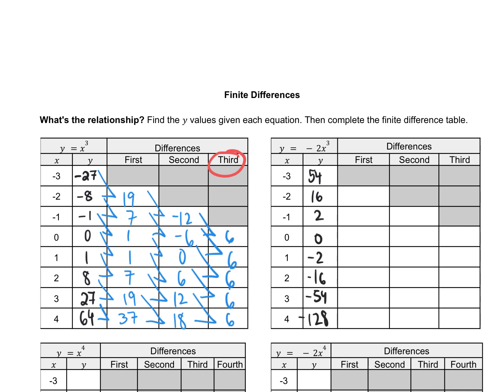Okay, so here are our y values. And now we can repeat the process with our first, second, third differences. So again, pause your video here and complete your finite differences until they hopefully become constant. And make sure you're being careful with your negatives and your signs in general.